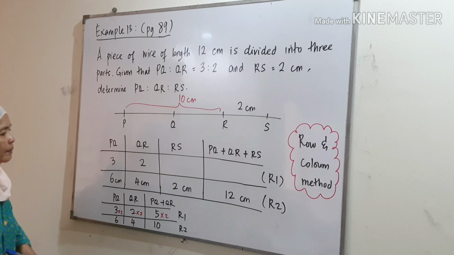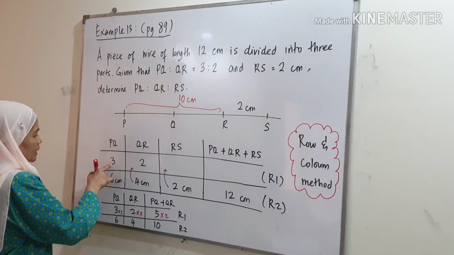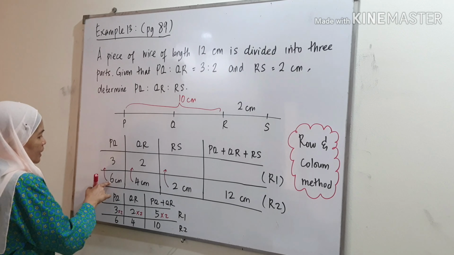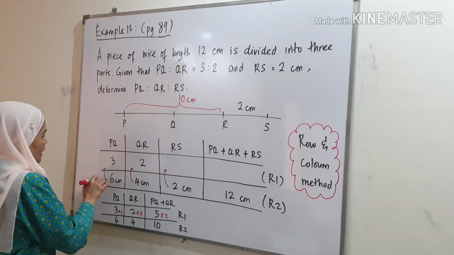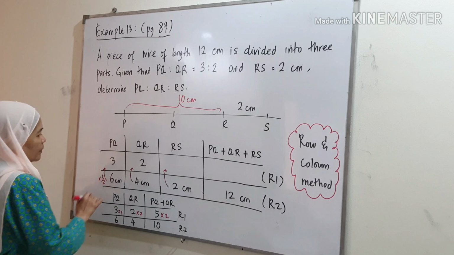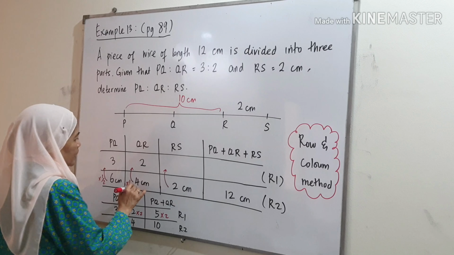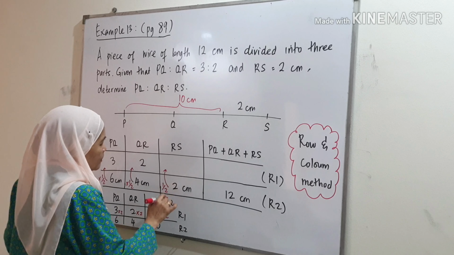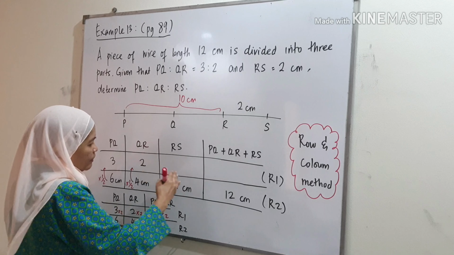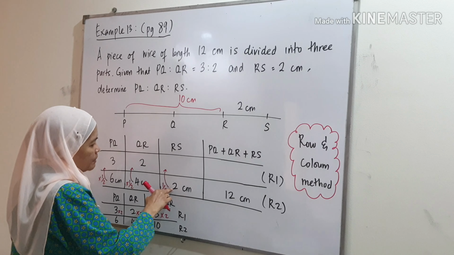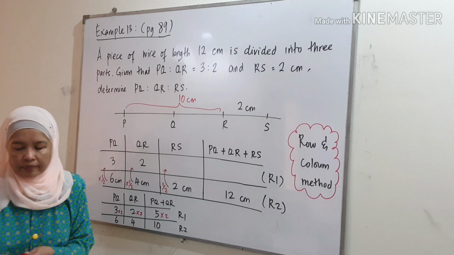Okay, now because we want to find the value here, so we do here. Okay, 6 times what is 3? 6 times half. So this one times half. Therefore, this one times half. So if we do it in reverse, half times 2 is 1.